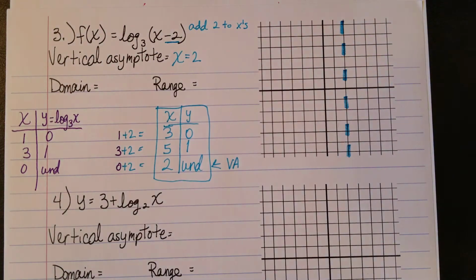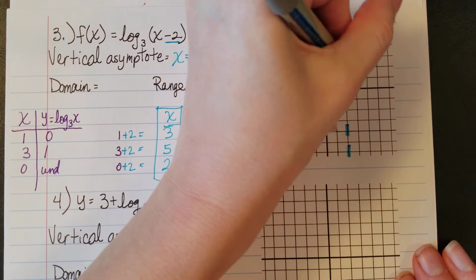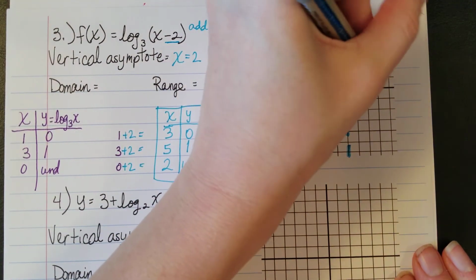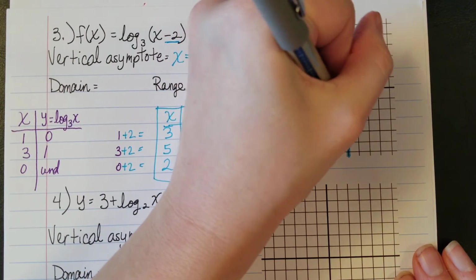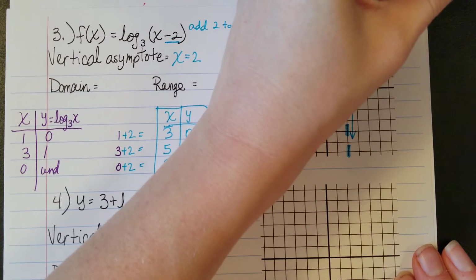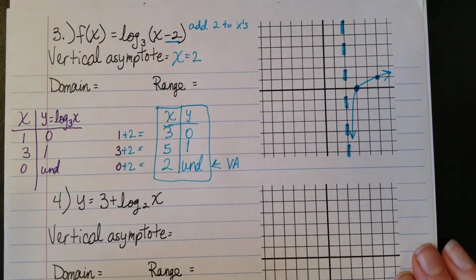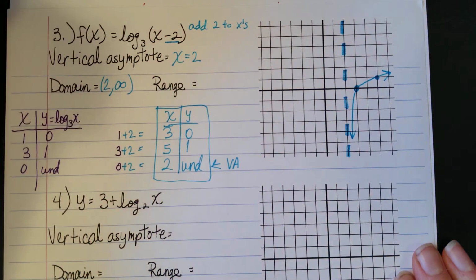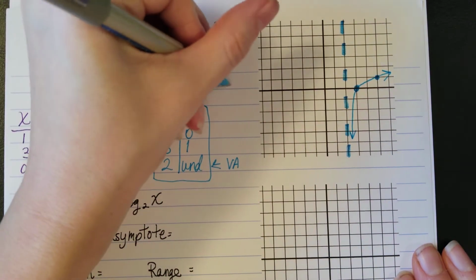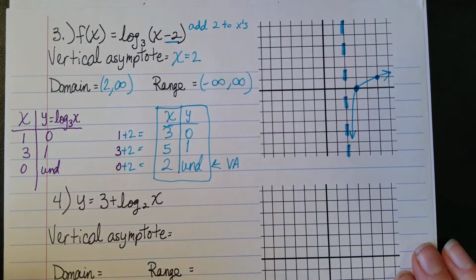So 3, 0, 5, 1. It's just the same, but shifted 2 units to the right. Our domain is now from 2 to infinity with a range of all real numbers.